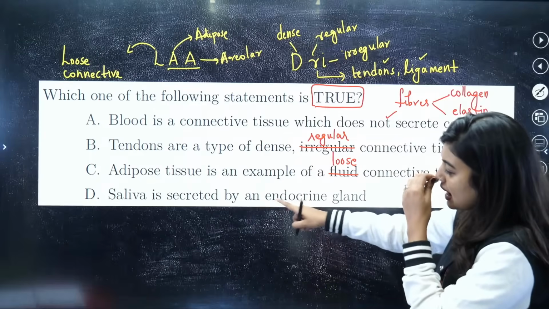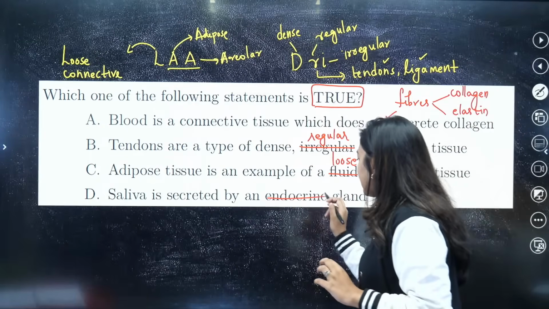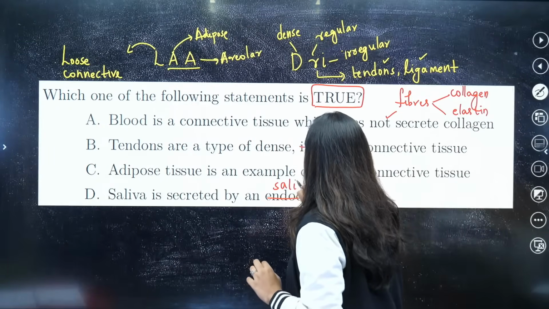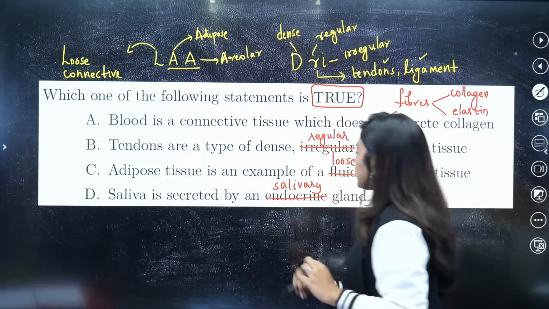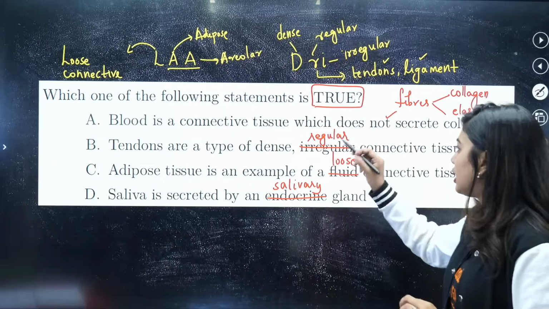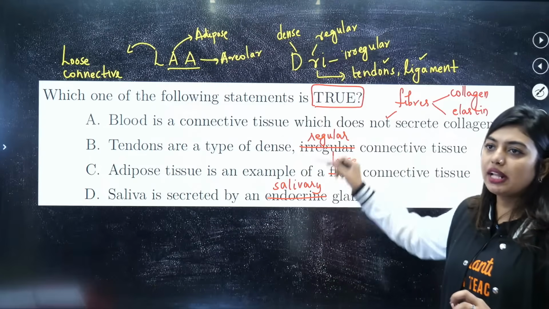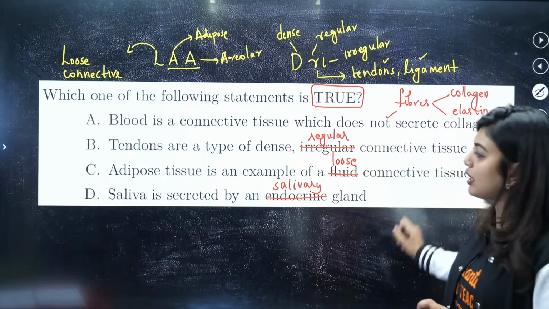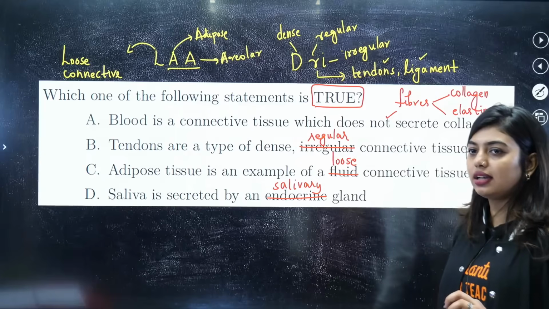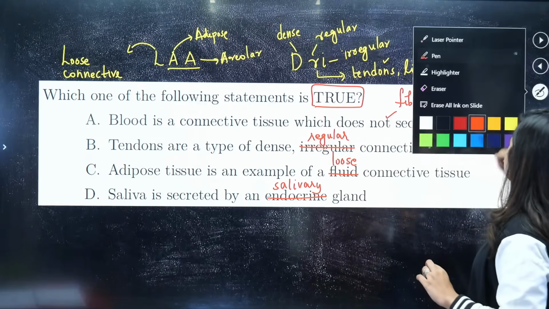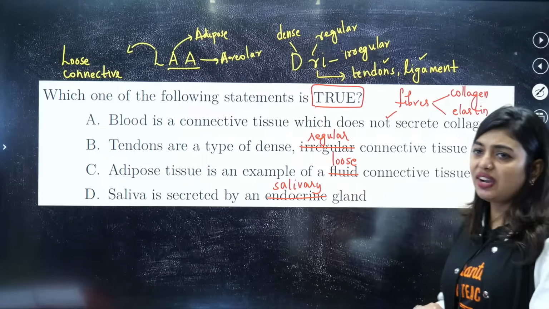Okay, now saliva is secreted by salivary gland. Saliva is secreted by salivary gland and it's an exocrine gland, not an endocrine gland. So what is the answer?